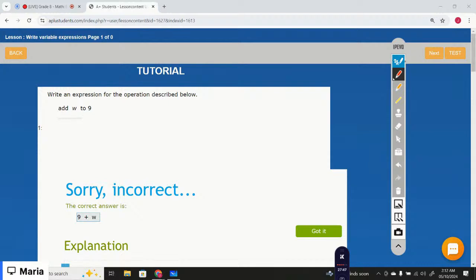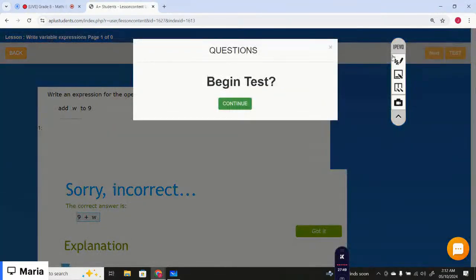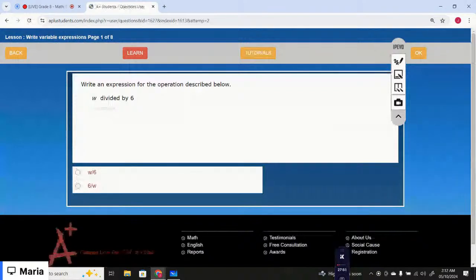Let's just start with the test questions. Write an expression for the operation described below.